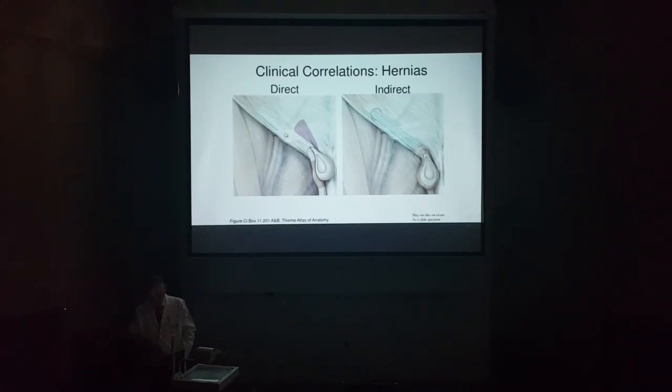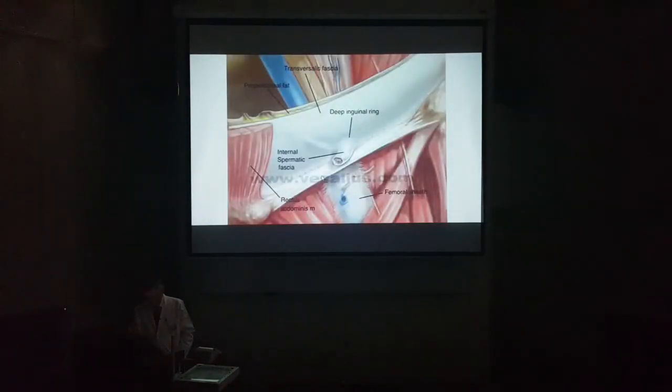The direct does not go down to the scrotum. This white thing is fascia transversalis. This is the external opening, internal opening of the inguinal canal and contains components of the spermatic cord.